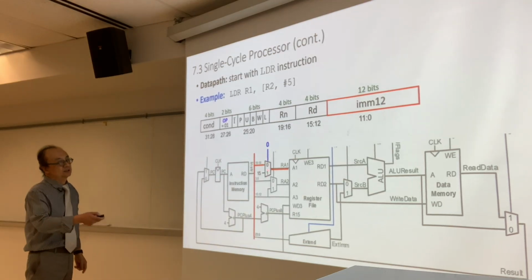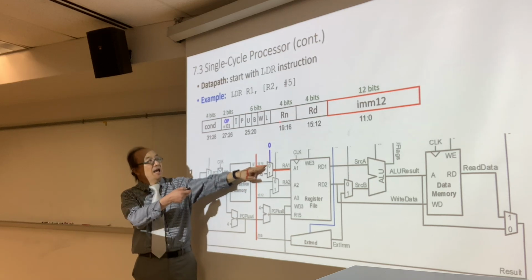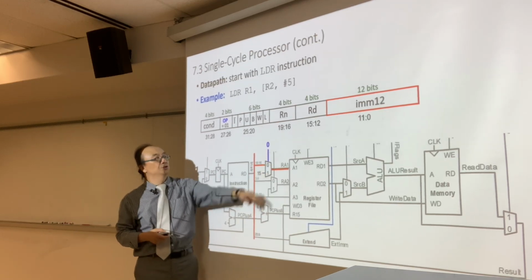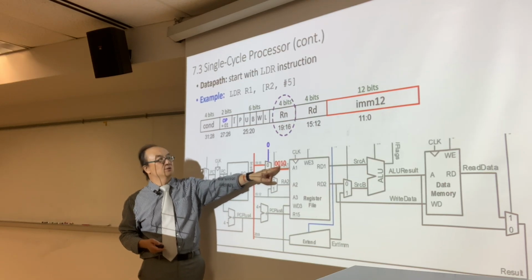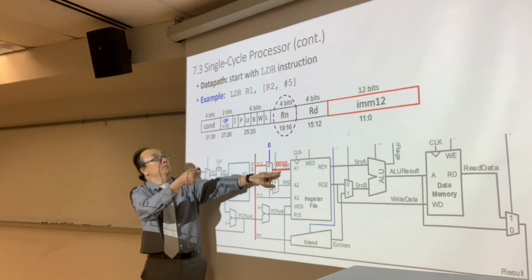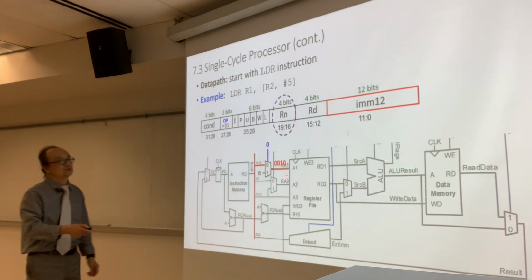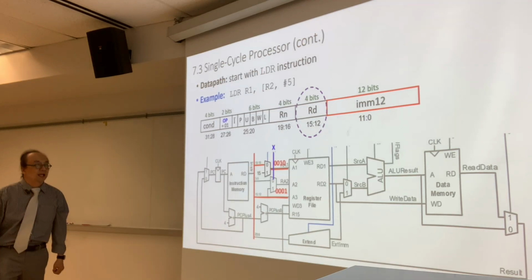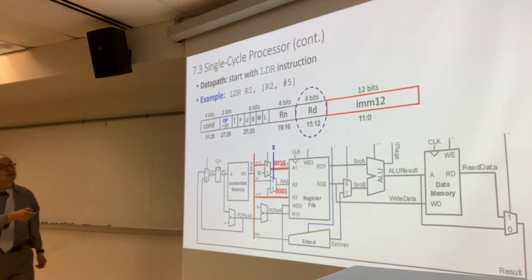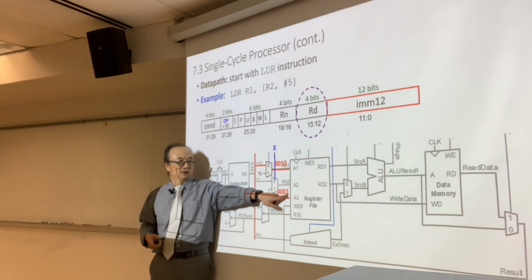Therefore, we're going to select 0 as the mux select, and we're going to get Rn, the contents of R2, and this value is going to be 0010. Why? Because it's R2. So I want you to write down this 0010 right here for this instruction. And then Rd. Rd is 1, so this is going to be 0001.